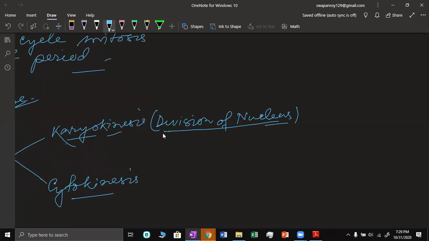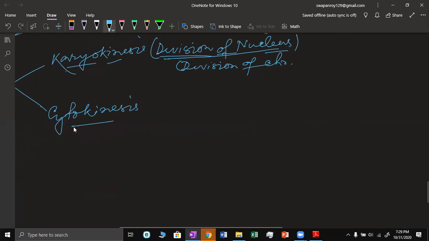Division of nucleus means the division of chromosomes takes place, and then cytokinesis is the division of cytoplasm.